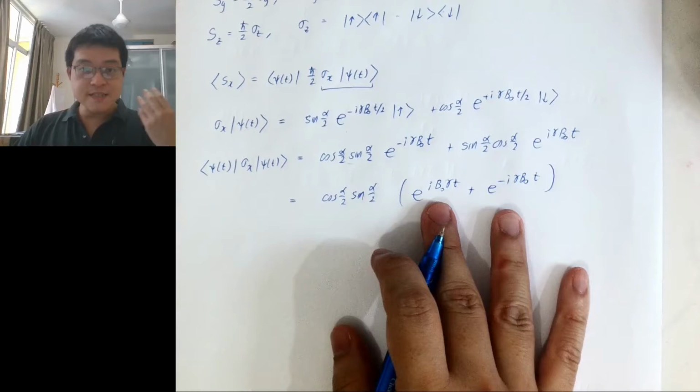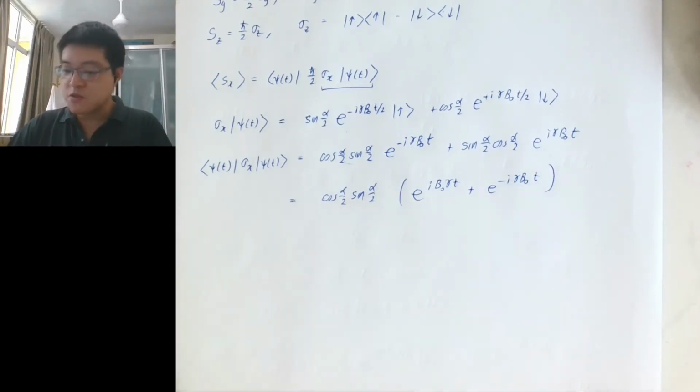Notice that this is an exponential plus the exponential to the negative i.